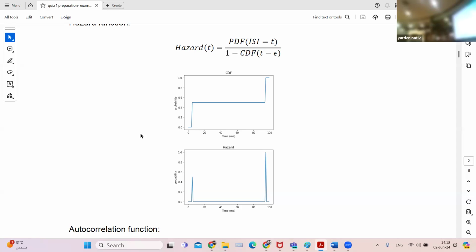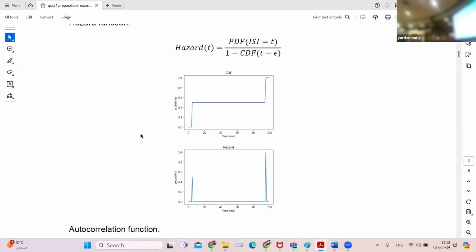So the survival, which is 1 minus the CDF, is just complementary. So it's 1, half, 0, for less than 5, 5 to 95, and bigger than 95, okay?